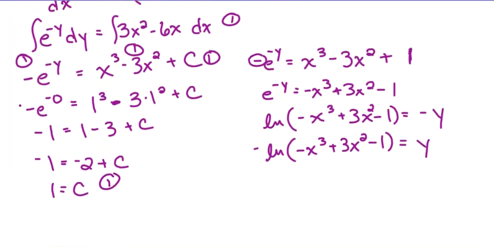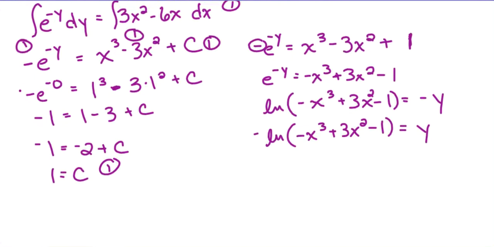Remember the tip that I gave you a minute ago. Always plug in that initial condition and make sure that everything works out. So come over here to the side. Don't do it right under it, but just come over here to the side and plug in your initial condition and make sure that it works out. Plug in 1 for x, 0 for y, so that's negative 1 plus 3 minus 1.